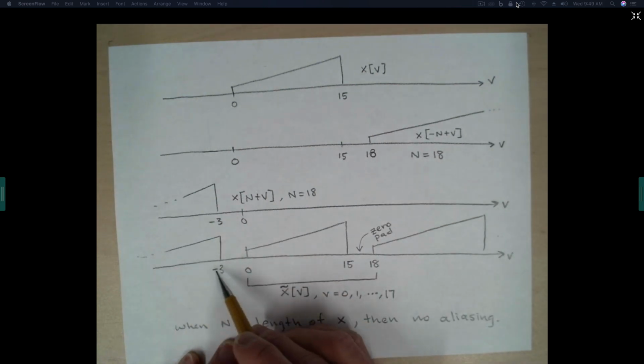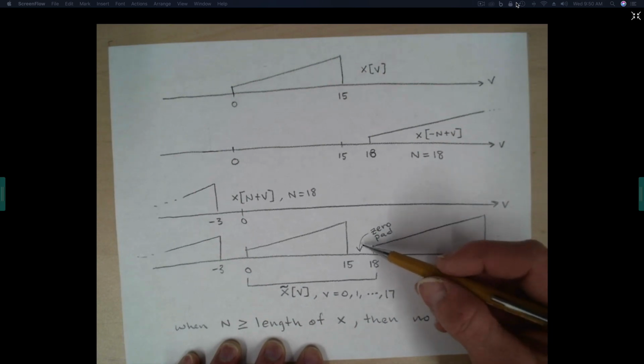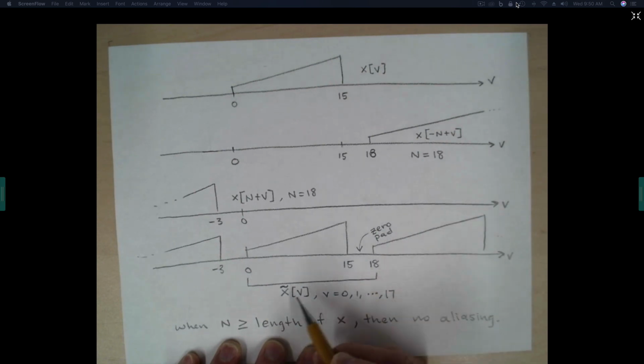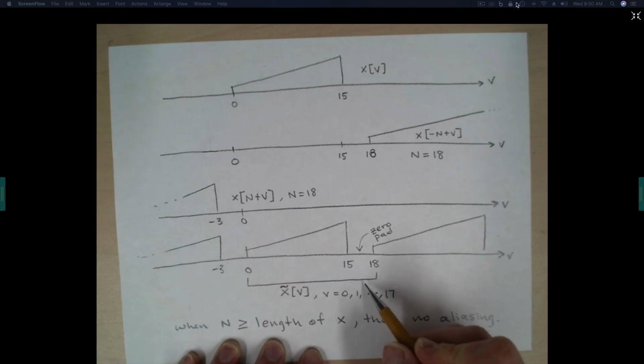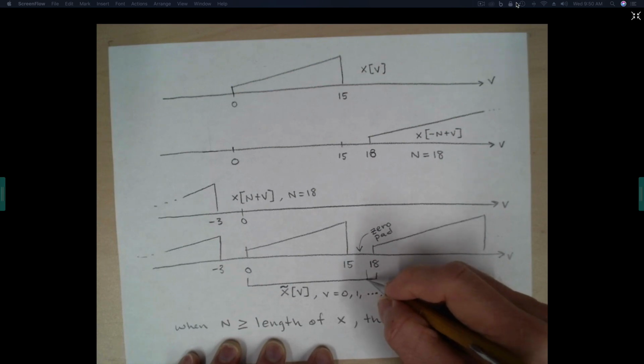We can see now that when we add these up, the replicas don't overlap, so there's no aliasing. And in fact, what's happening here is that we're getting some zero padding because the sequence that we're getting when we inverse transform those samples has length 18. So we'll get the samples from 0 out to time 17.